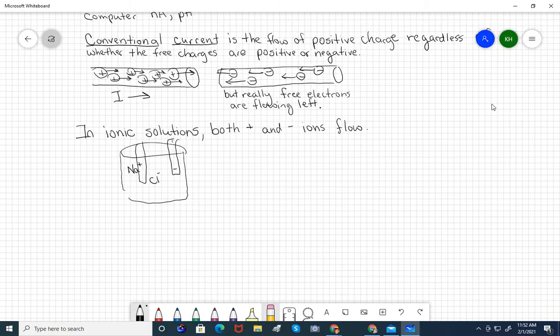We're not going to really deal with that. If you took a chemistry class, that might get really important. For our case, we're going to talk about electric current in metal conductors. We're going to act like positive charges flow because that's conventional current. That's what they've agreed on. But we will know the thing that's actually moving is the electrons.